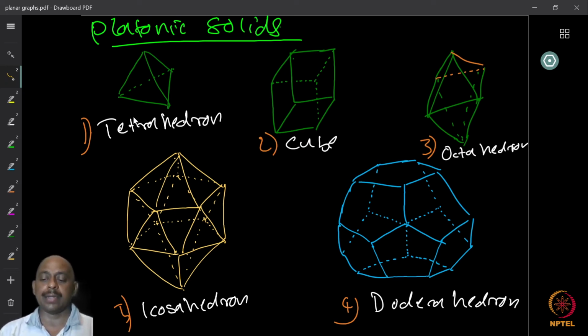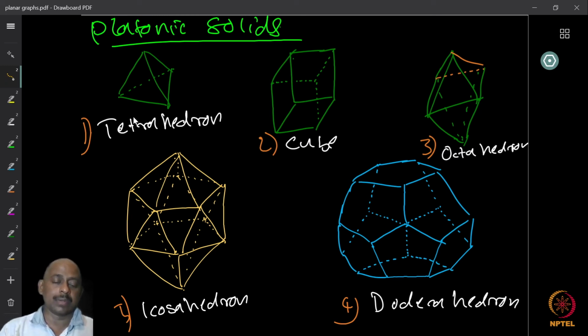Each face of the cube is basically a square. Then you have the octahedron, where you have triangular faces again. You have 8 faces, 12 edges, and 6 vertices.